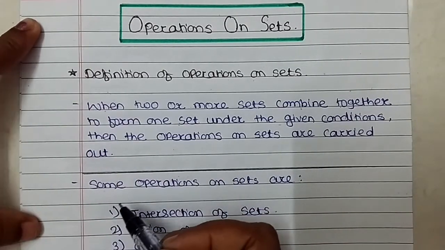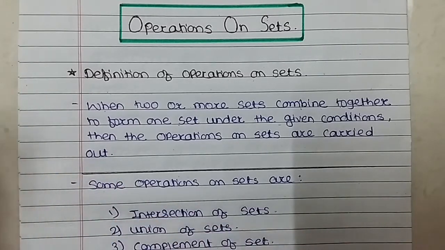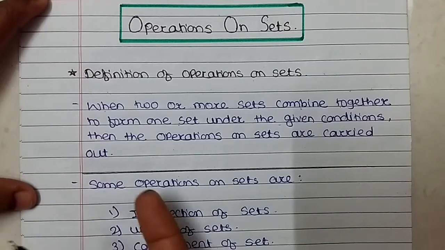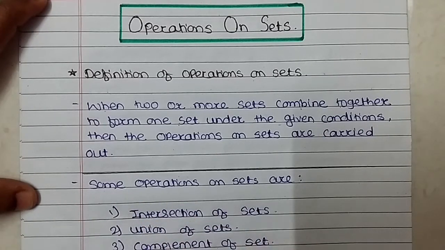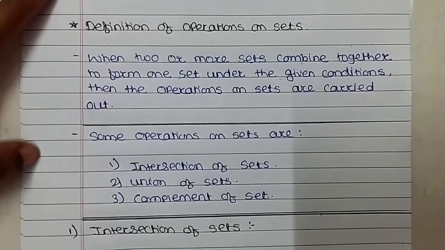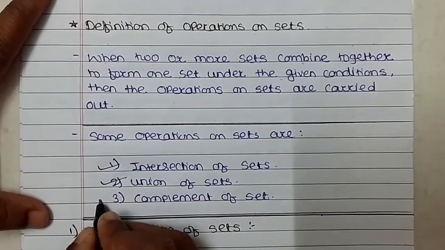This is called operations on a set. Some operations on sets are intersection of sets, union of sets and complement of sets.